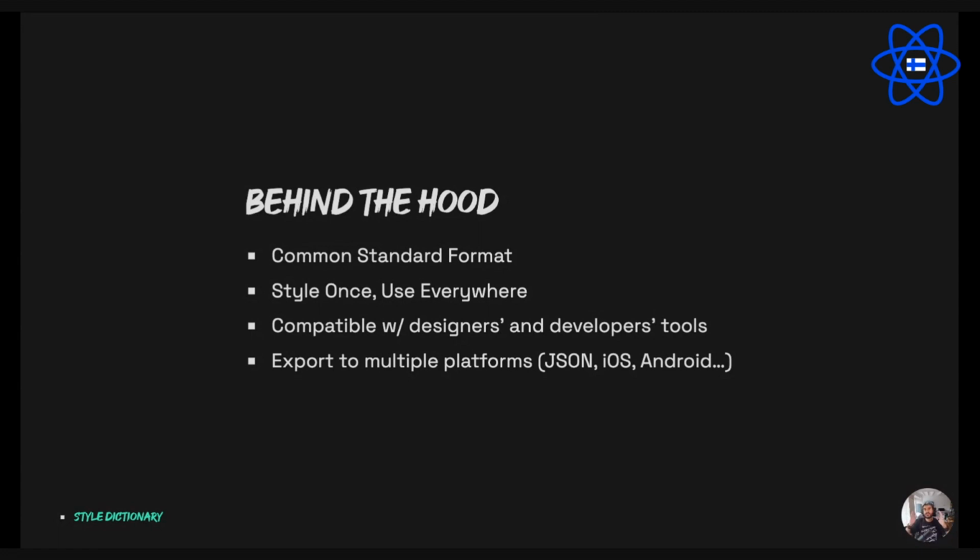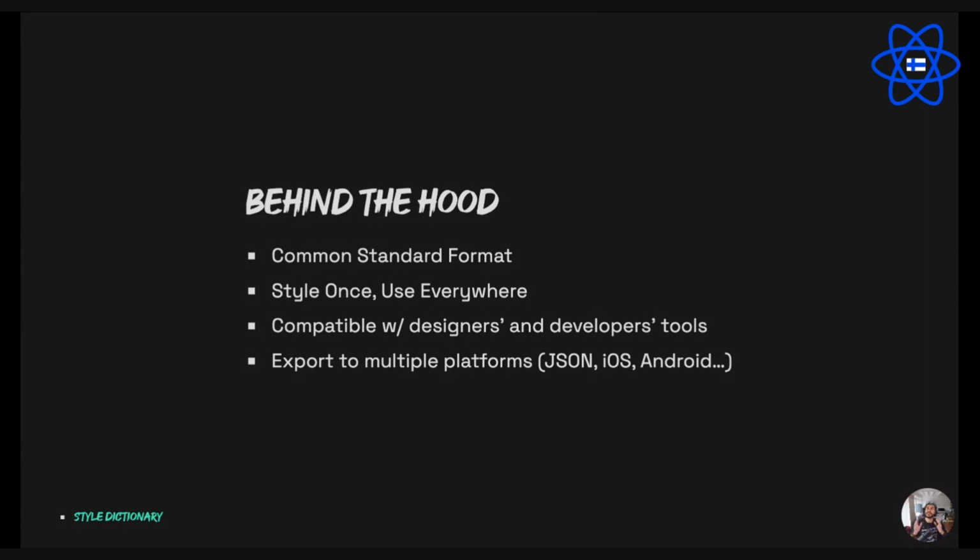And you are ready to use them everywhere in your application. The fun thing is that you could directly import them from any kind of designer tool, and you could export them to a different platform in a JSON format, ready to be used in JavaScript, or on iOS or Android and so on.